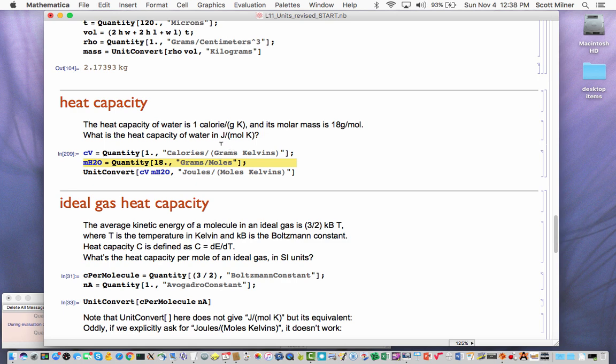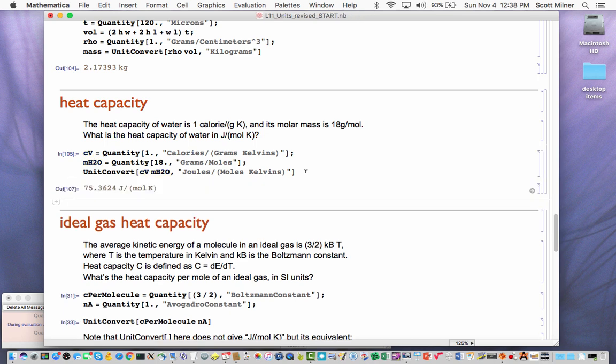And clearly the product of those will get rid of the grams and leave moles in the bottom, okay? And it's an energy per temperature times moles. And so I can convert that to joules per mole Kelvin and get about 75 joule per mole Kelvin.